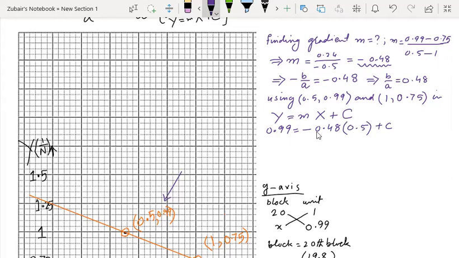So now we can find c is equal to 0.99 plus the multiplication of 0.48 and 0.5, which will become 1.23.